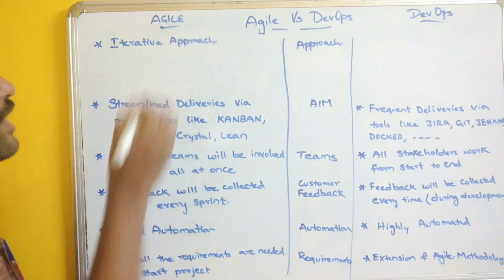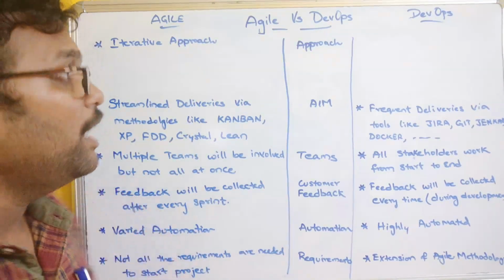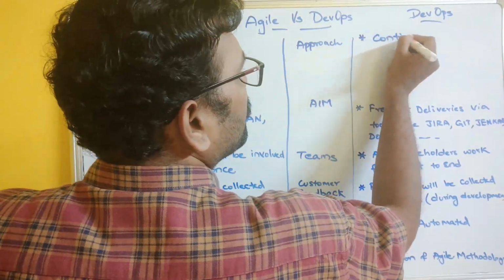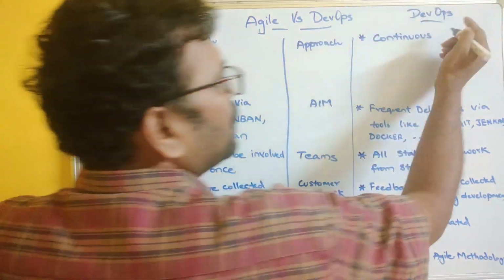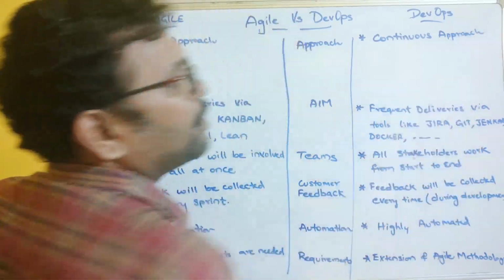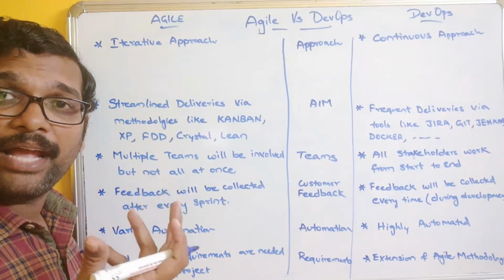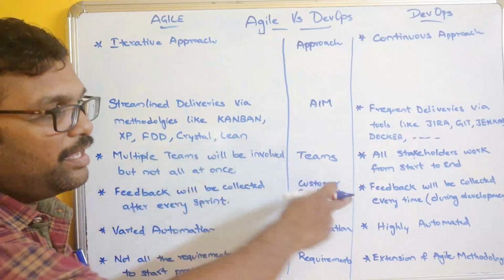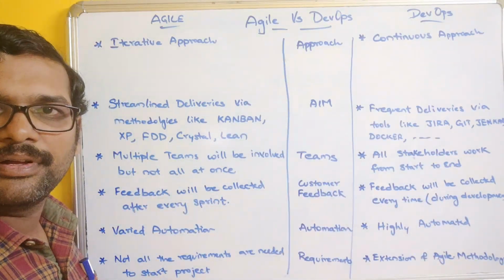That means for every iteration, some sort of features will be accommodated. And coming to DevOps, it is a continuous process, because the customer will be involved every time. This is a continuous approach. Whenever the customer gives the requirements or feedback, it will be accommodated for the next release. But here the customer will be involved as a stakeholder throughout the project itself.